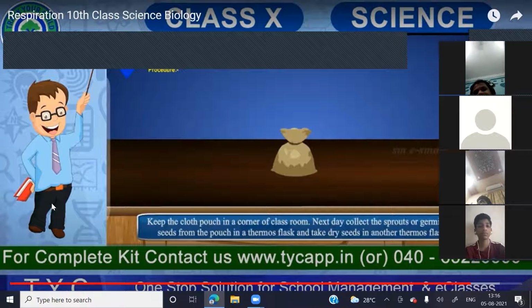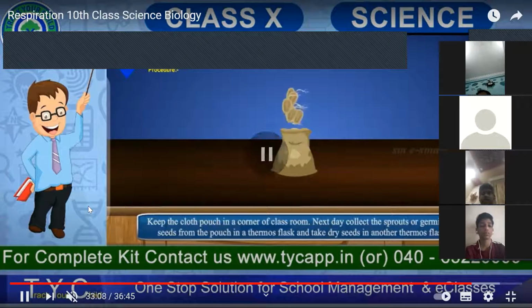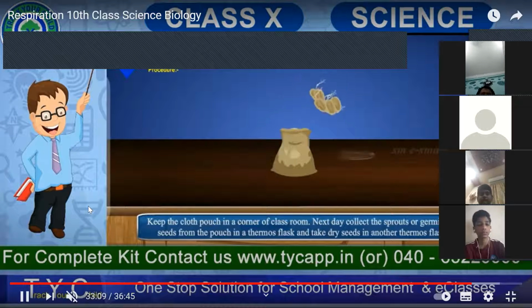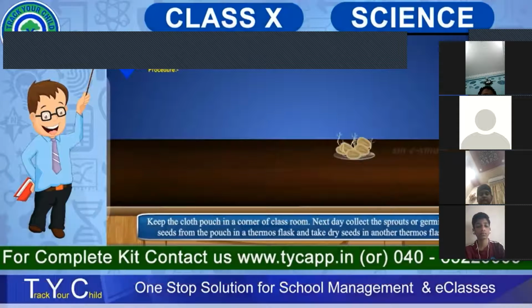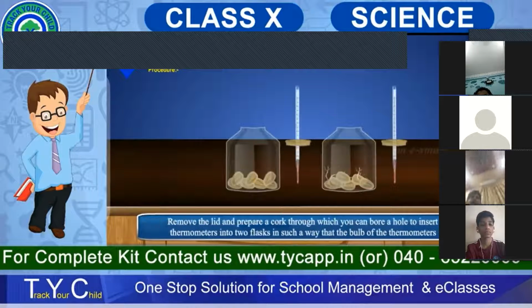What are we going to check now? The seeds, right? Now, why are we doing these experiments? To observe that heat is released during the process of respiration.